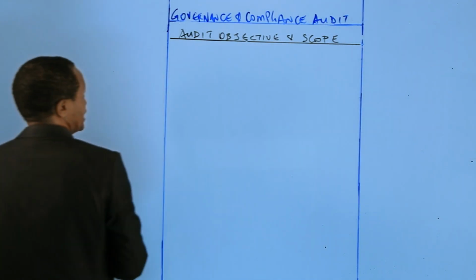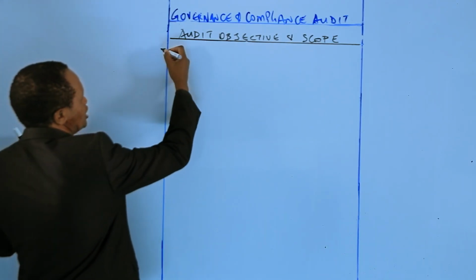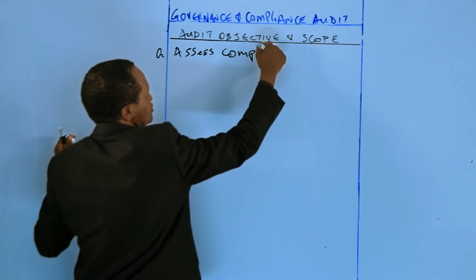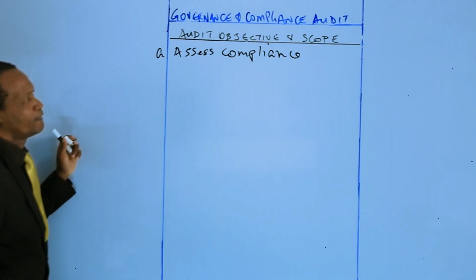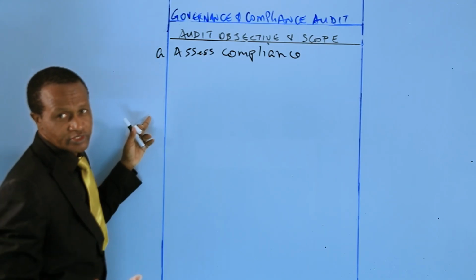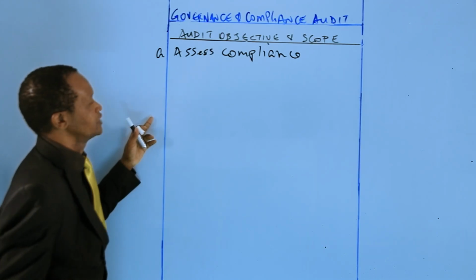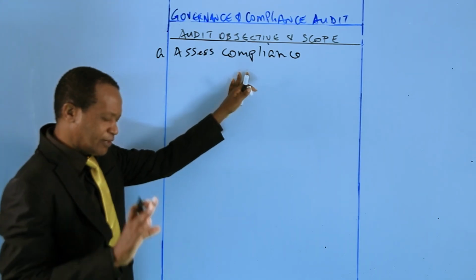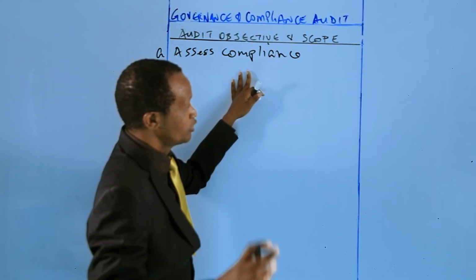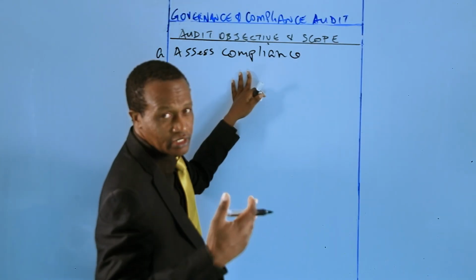The reason why governance and compliance audits are conducted is so that the auditor can assess whether the company is complying with various laws, regulations, internal policies, industry standards, and so on. That is the first objective, because we know companies operate in highly regulated environments.